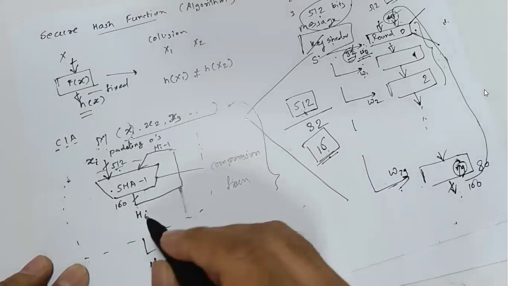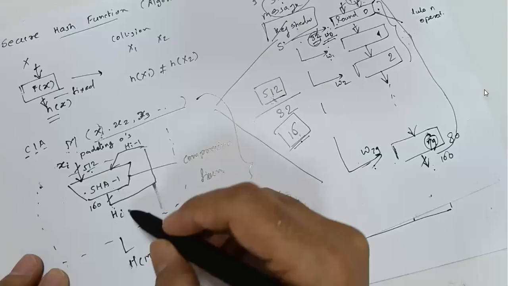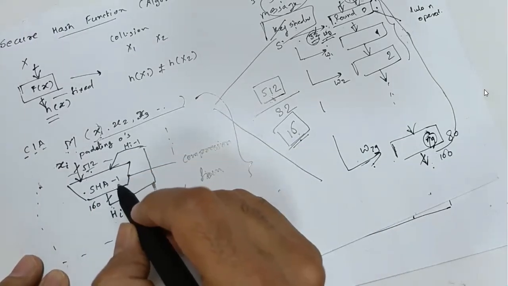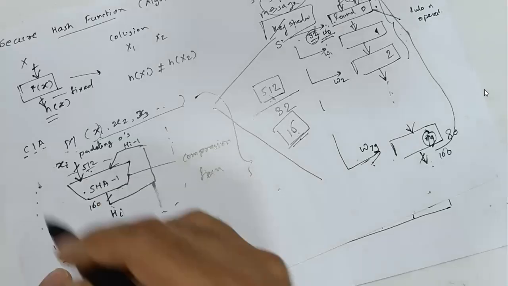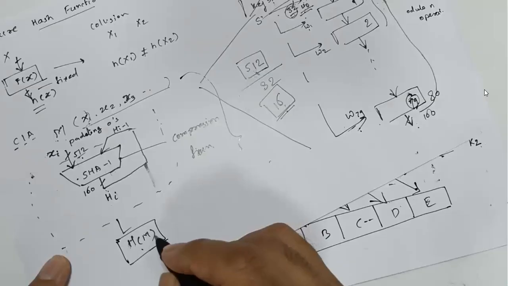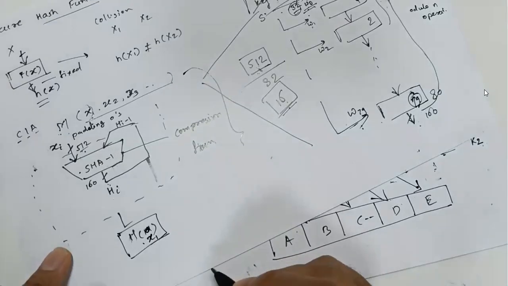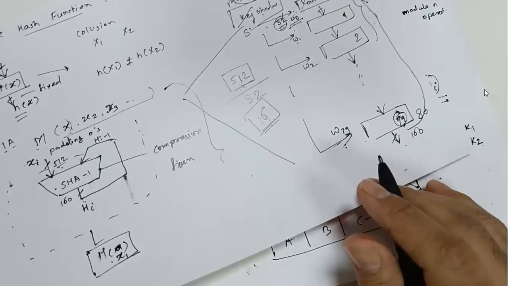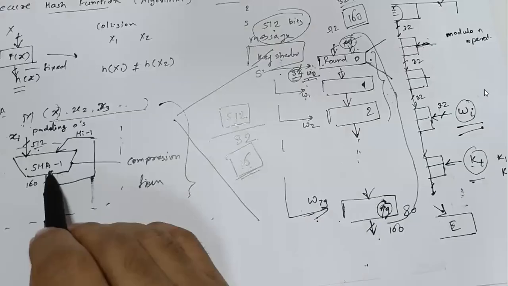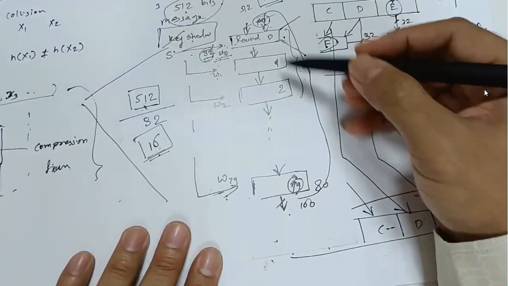For each round, the previous hash is used as one of the 2 inputs for the SHA. And after 80 rounds, you are producing the actual hash. This is not the actual M, this is the hash of X1. In SHA1, there are 80 rounds, round 0 to round 79.